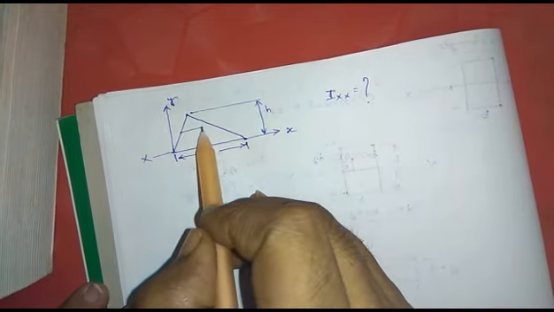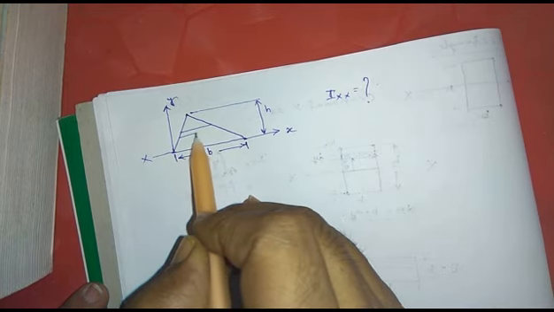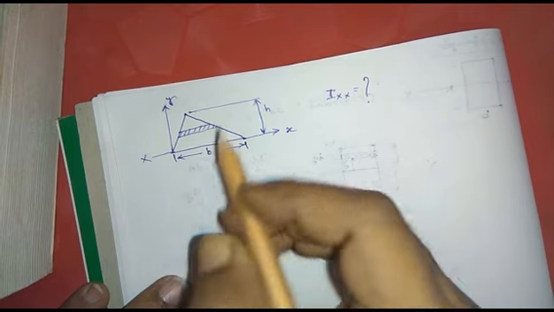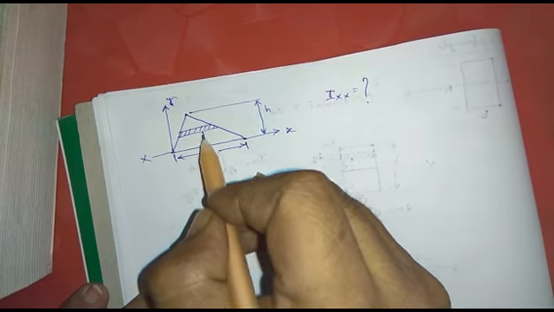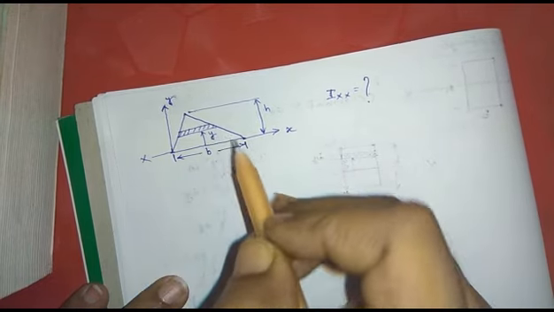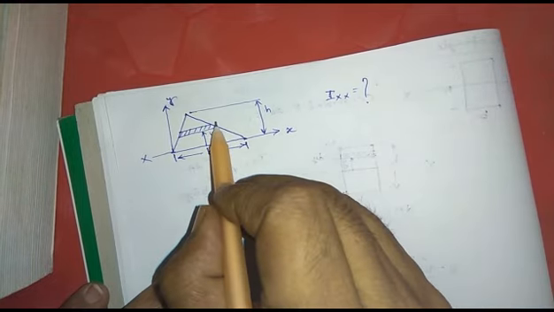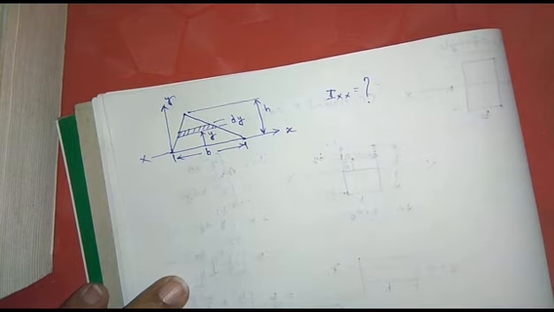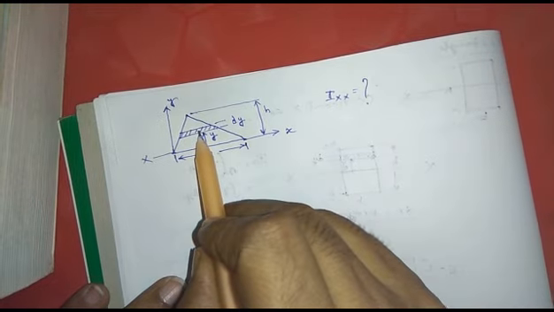just like the previous one. Take one elemental area, a small elemental area which is at a distance y from the x-axis, and the width of it is dy. As it is a very small area, you can think of it as a rectangle.